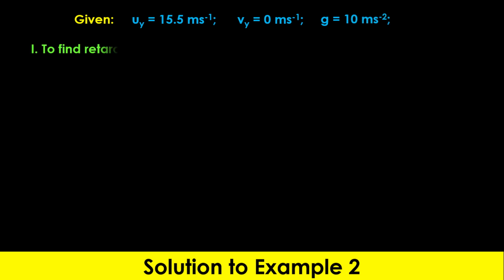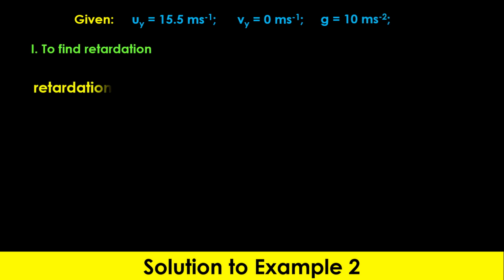Just like the first example, we will extract the parameters from the question. From the information provided, the initial velocity of the ball is 15.5 meters per second. Being a vertical projection, its final velocity Vy for the upward motion will be 0, and the acceleration due to gravity is 10 meters per second squared.